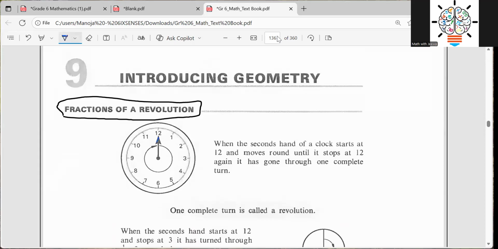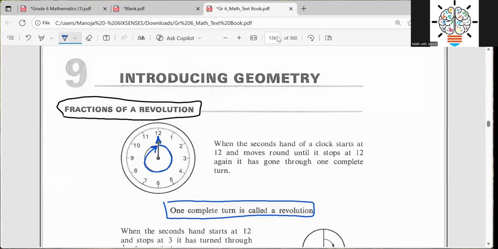If you start from 12, right, and then you go like this clockwise and come back to 12, that means one complete turn, it is a revolution, right? It's a full revolution. You start from 12 and go clockwise and come back to 12, that you complete a turn, right?